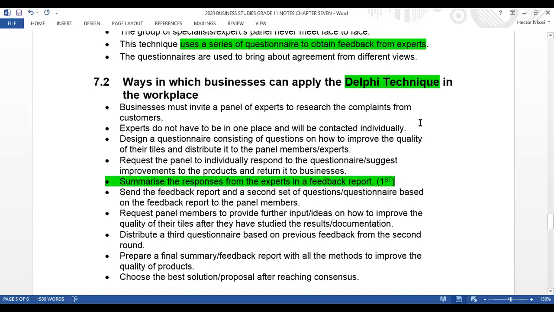Just need to bold this. Are we clear? Send a feedback report and a second set of questions. Now you must apply what? A second set of questions. I need my highlighter now, boys and girls.